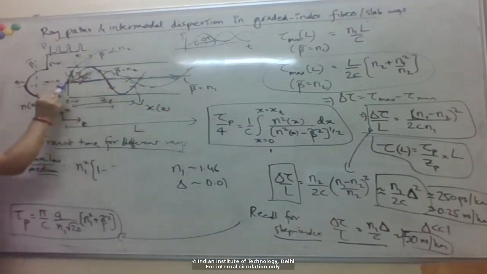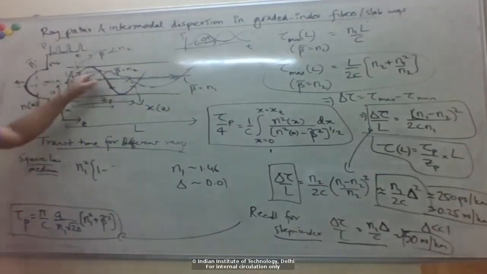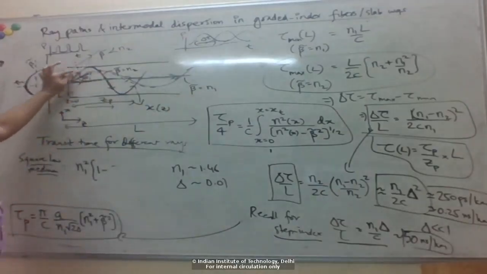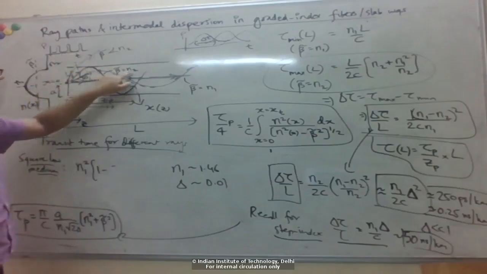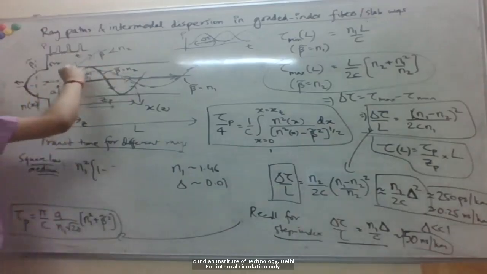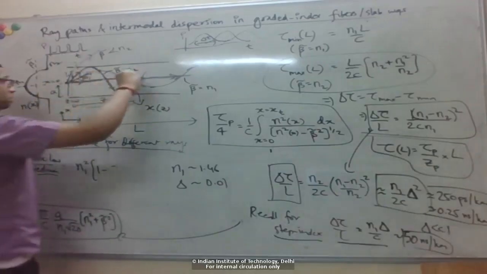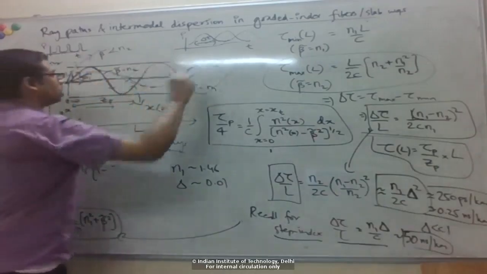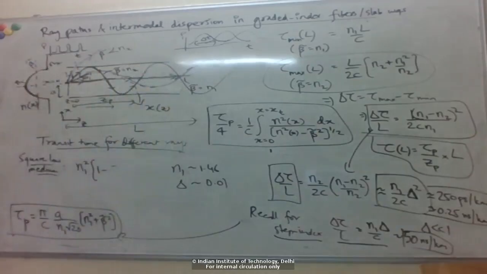If I increase the angle further, then I actually lose those rays. We discussed this already. So the ray which has a turning point at the cladding interface corresponds to beta tilde equal to n2. This is the one which takes the maximum path.